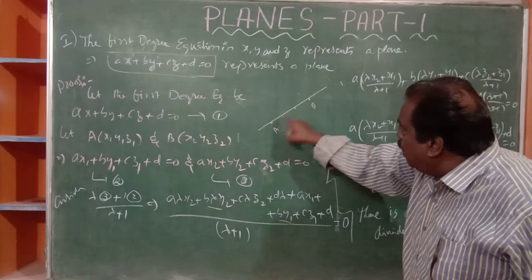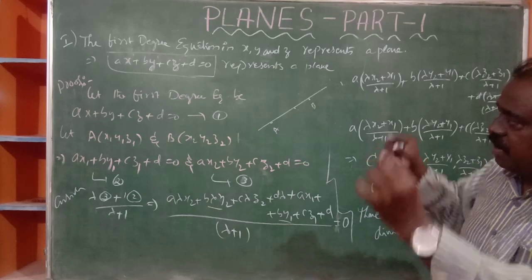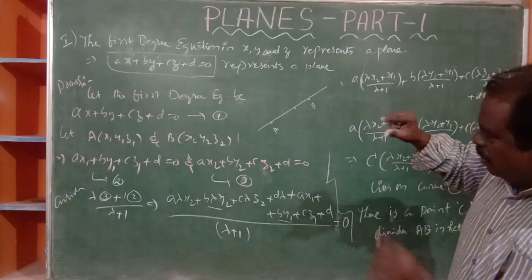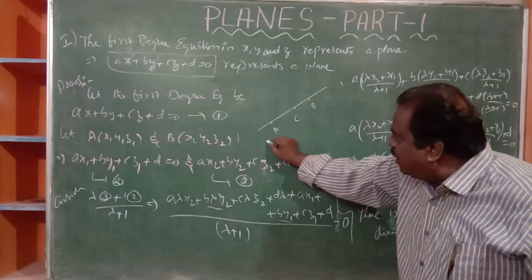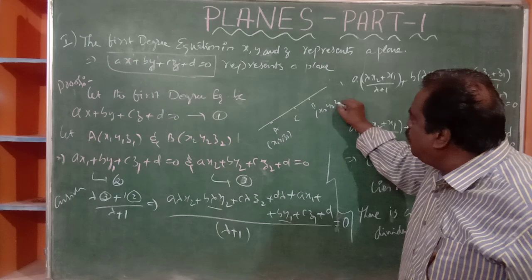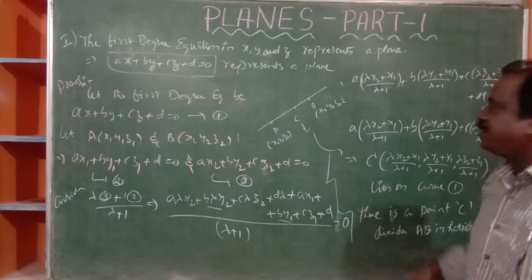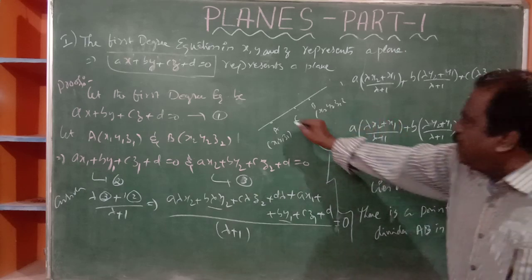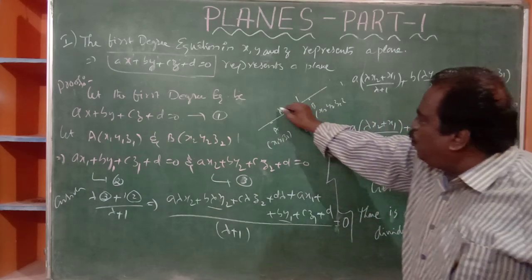On this line segment AB, because A and B are 2 different points, I am taking that locus. On that AB line segment, a point C is there. A is x1, y1, z1. B is x2, y2, z2. This is the C point. It is dividing AB in the ratio lambda is to 1.